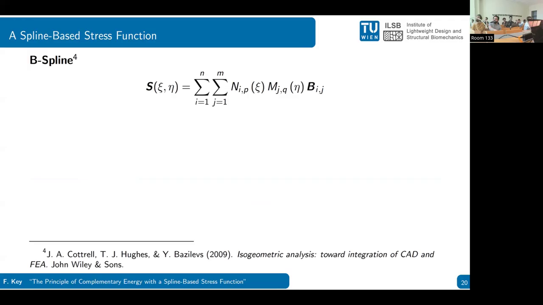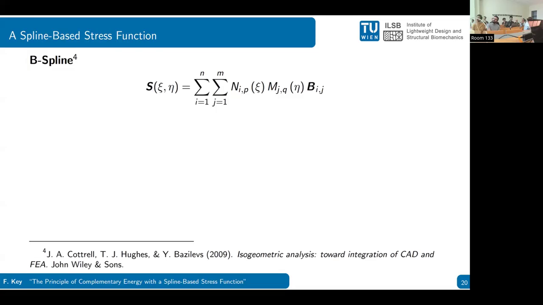In general, splines are usually used to represent geometries. For example, this could be a parametric surface with two parametric coordinates, psi and eta, embedded in three-dimensional space, so it could be a three-dimensional position vector. Then you have the sum over each parametric direction, with one set of polynomial basis functions in the psi direction and a second in the eta direction.